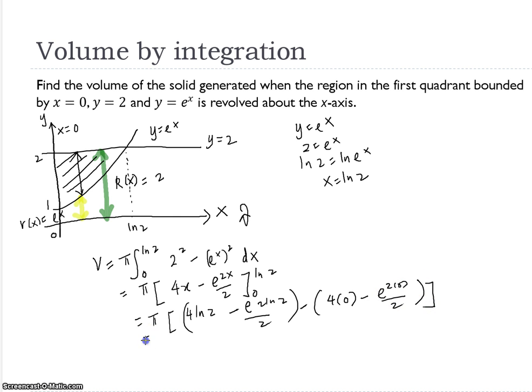If we perform the calculation, we will get 4 ln 2, subtract 2, plus half. So eventually, if we calculate the whole thing, we will get 3.998 cubic units. So this is the answer when we rotate the region around the x-axis.